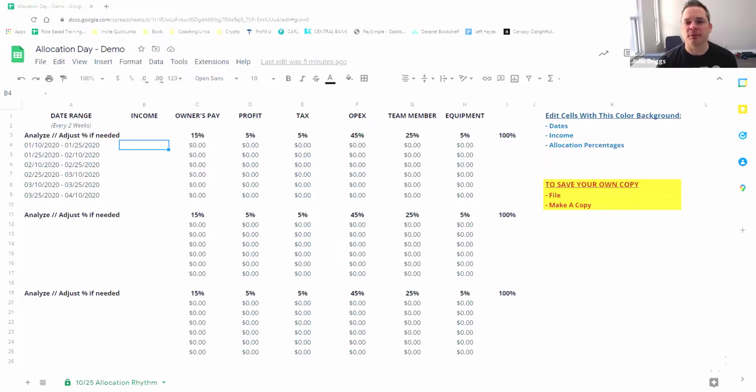Now, the first thing that we recommend you do, because if you're following the Profit First system, you're committed to this, is get a spreadsheet. What I have here is an example of a spreadsheet that we use with our clients.